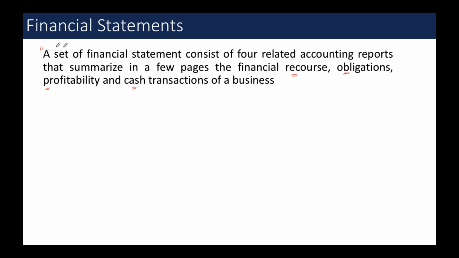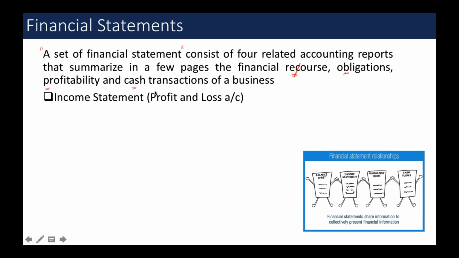So a set of financial statements should give us information on resources, not recourses, resources, obligations, profitability, and movement of cash in a business for a particular period of time.